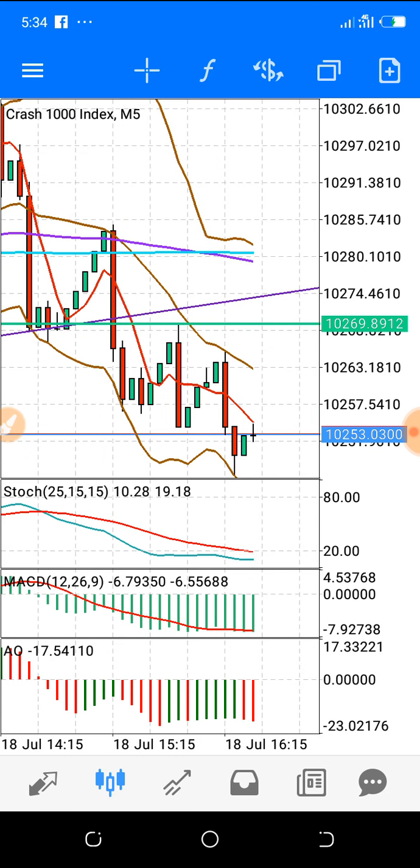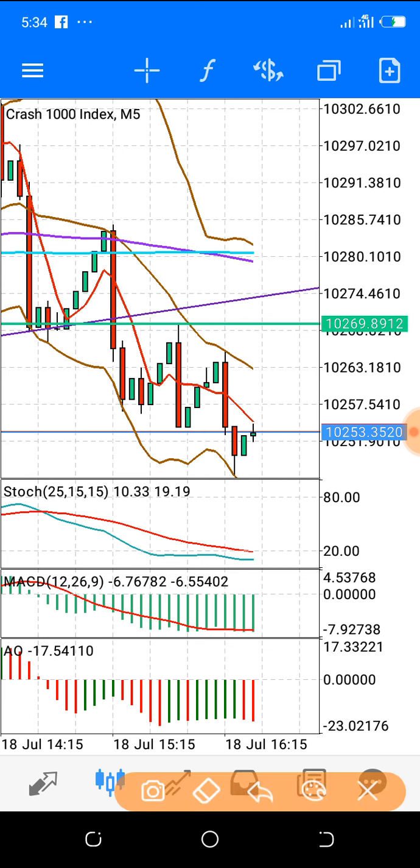First of all, we need to recognize what support and resistance is all about. For example, support is when Crash, or any market, is selling and going down, then reverses and turns up again. The point at which it reversed is called a support level.